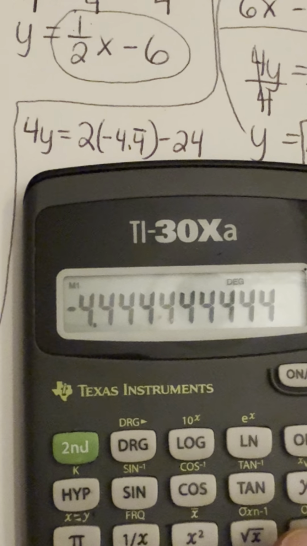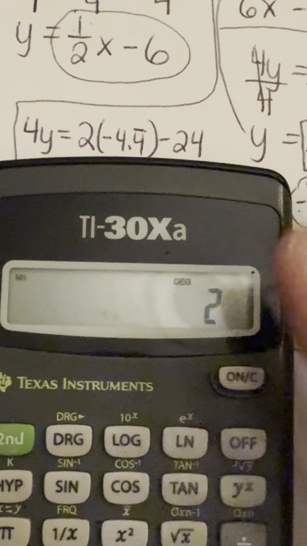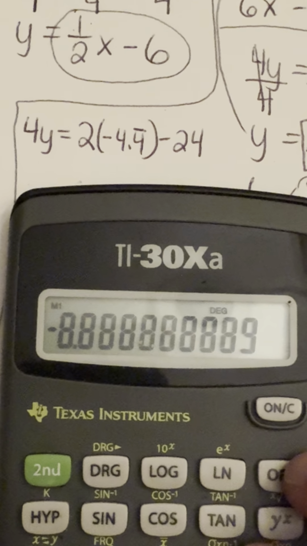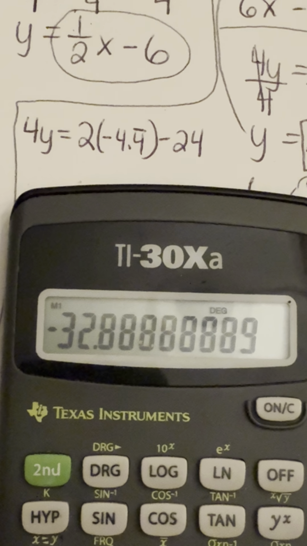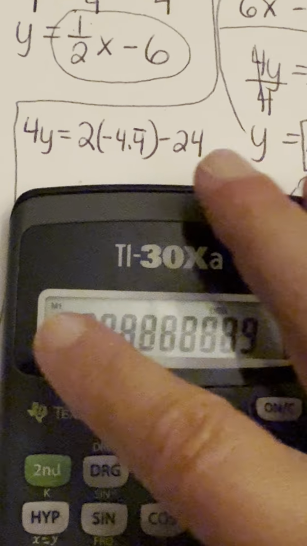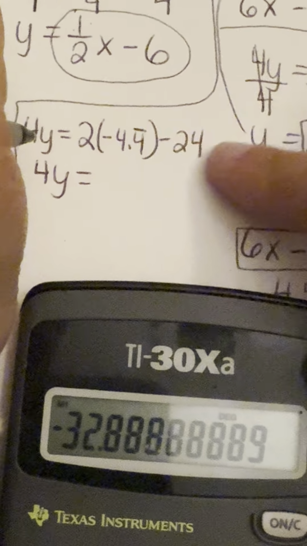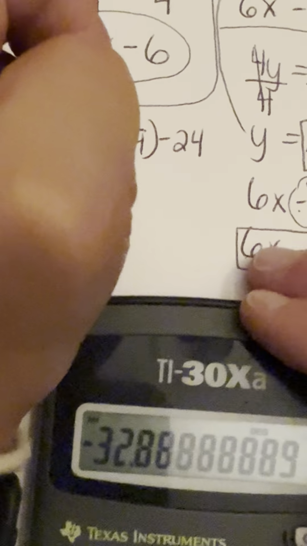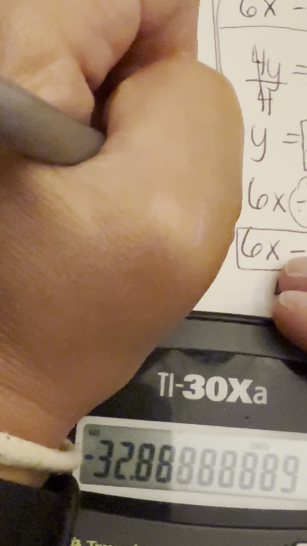So we're gonna take this number, which is already in my calculator, and times it by 2, because that's what we have here, so 2 times that, which gives me this. And then we hit minus 24. Okay, so that's my answer right there. So we have 4y is equal to all of this, which on my display is negative 32.8 repeating.